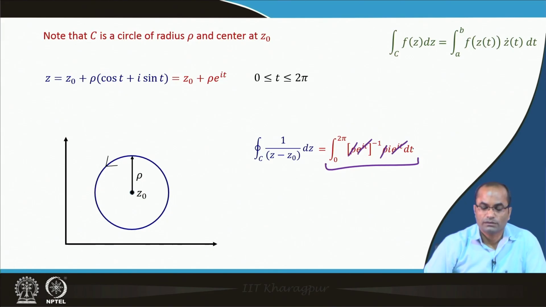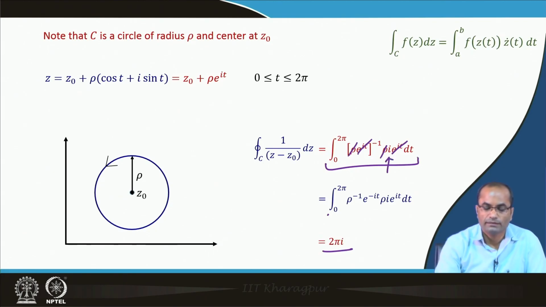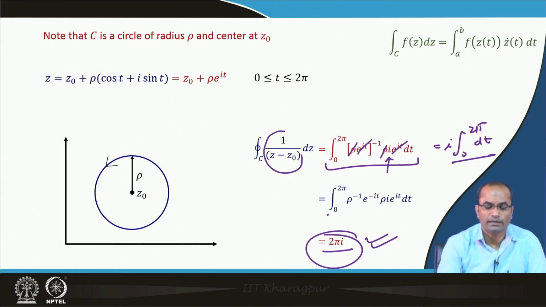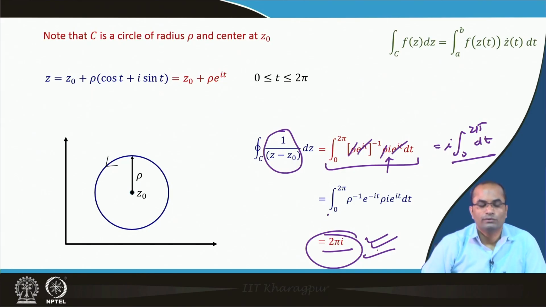So, over this dt, we have just the 2 pi and I, because this I will remain in the integrand, and then we have the integral, so I and then 0 to 2 pi and dt. So, this is 2 pi I. So, the value of this integral over this given curve is 2 pi I, it is not 0. So, we have seen, because the function was not analytic, over this closed curve also we have the value 2 pi I.